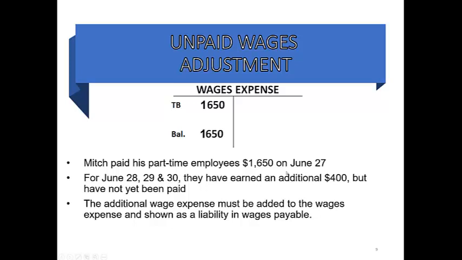So the last time they were paid was on June the 27th. So they worked the 28th, the 29th, and the 30th, so they have earned $400 more, but they haven't been paid yet. They'll be paid immediately when the pay period is over in the next fiscal year or the next period. But for now, for these financial statements, we need to record the $400 that is owed.